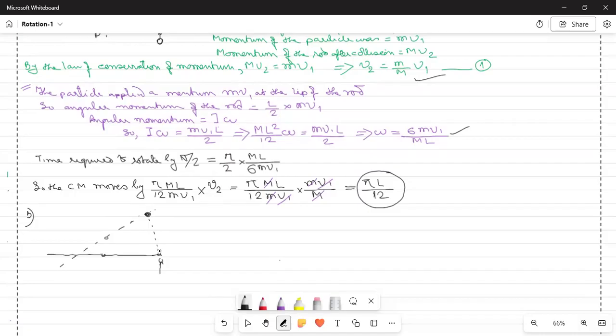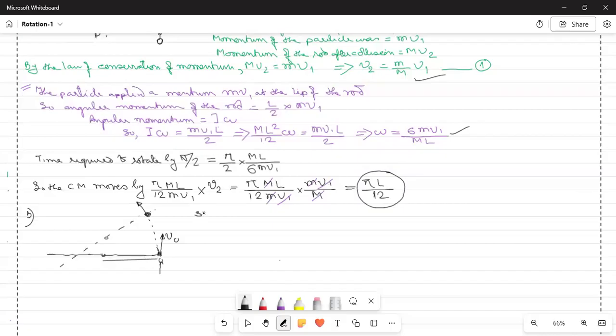Now, when the rod was first hit, immediately after collision, it started turning, and let us say at that time the tip of the rod has a tangential velocity v0. This tangential velocity v0 is of course equal to omega multiplied by this distance, which is L by 2.